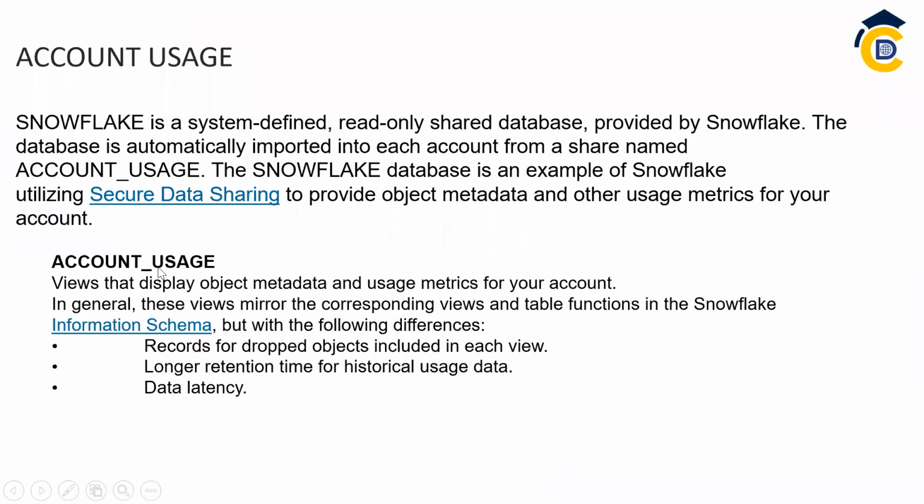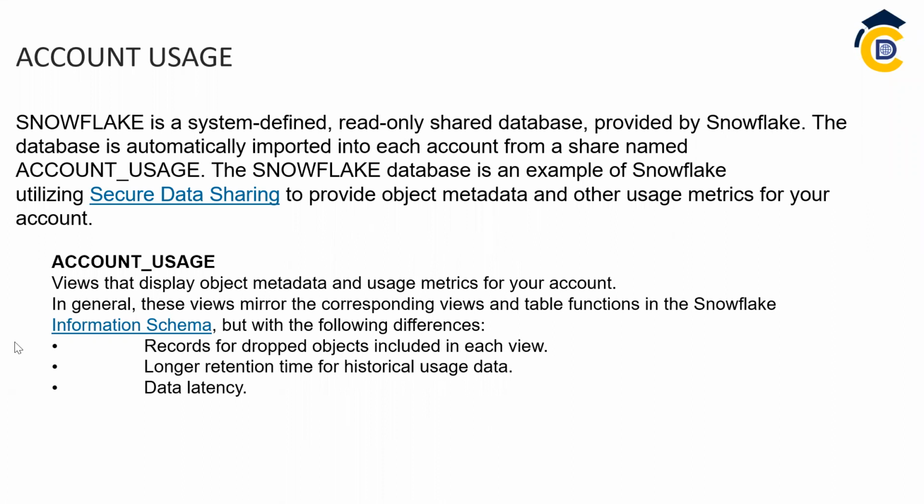Now, account usage view. This is about the account usage view: a view that displays object metadata and usage metrics for your account. In general, these views mirror the corresponding views and table functions in Snowflake information schema, but with the following differences. Basically, they give you the same information as information schema, but with certain differences.